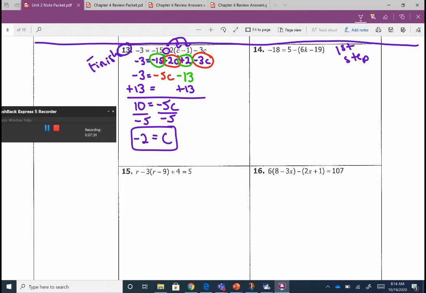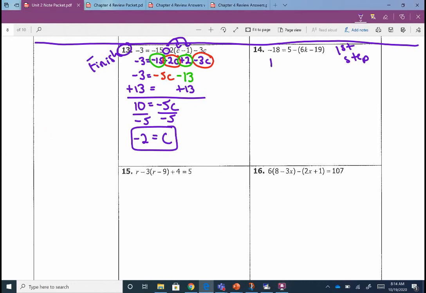All right, so number 14, I asked you just to try the first step and then just wait. A couple of you did ask me on 14, though. They said, Miss Golly, okay, so the negative 18 isn't going to change, and I've got the equal sign there. But then now, Miss Golly, I'm confused because I don't see a number in front of those parentheses. I see a negative, so do I use like negative 5?